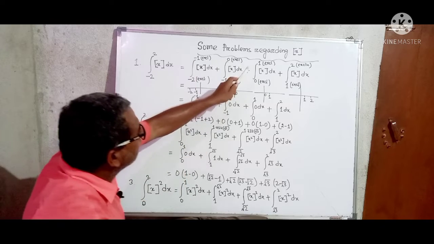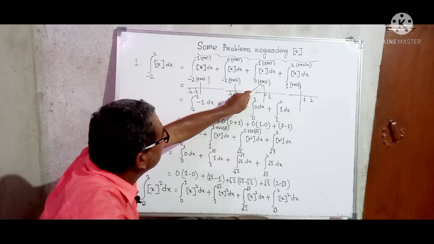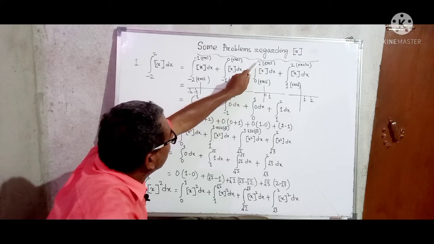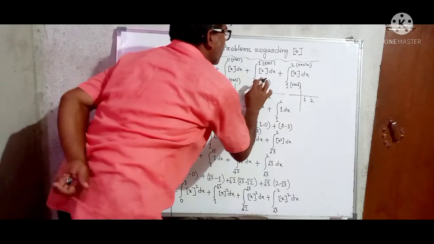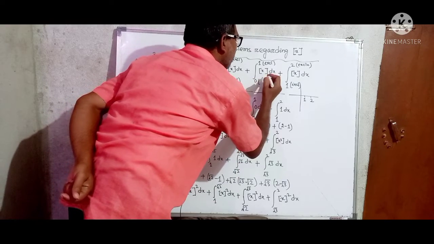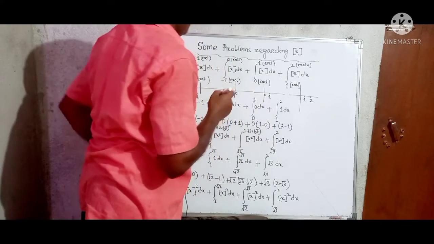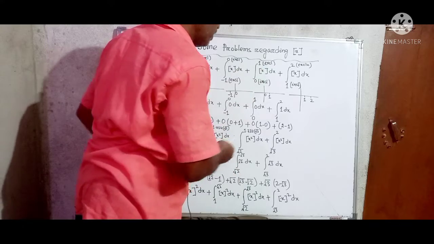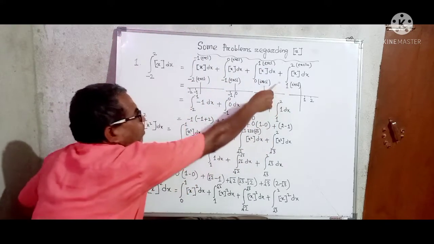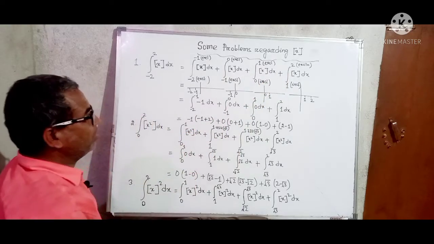Then 0 to 1: here 0 is excluded and 1 is included. Then from 1 to 2, 1 is included, 2 is excluded.